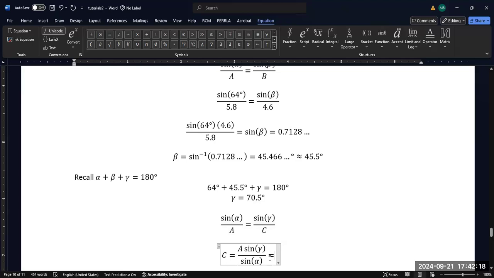And so now if I plug in these values, A was 5.8, and I'm doing sine of 70.5 degrees divided by sine of 64 degrees.